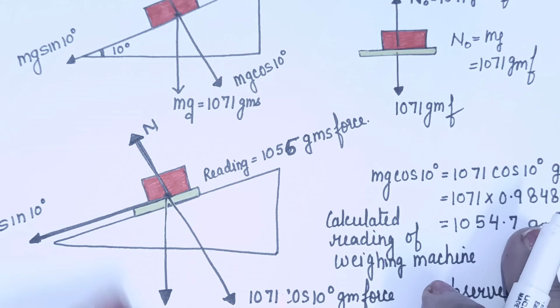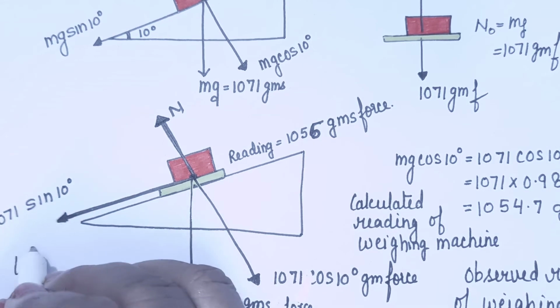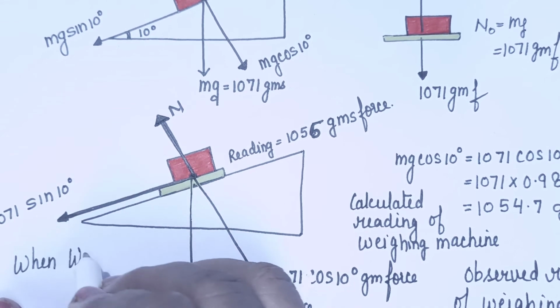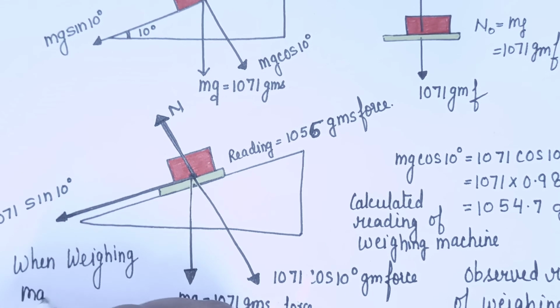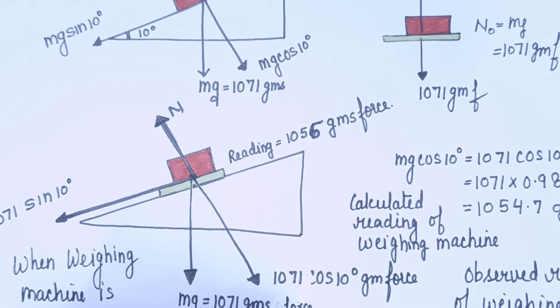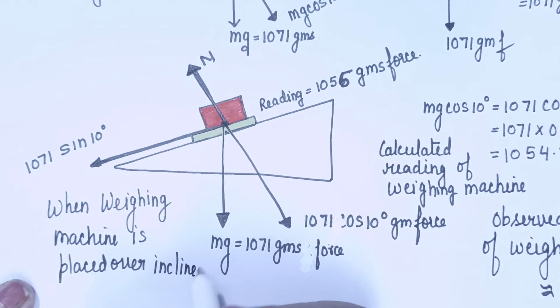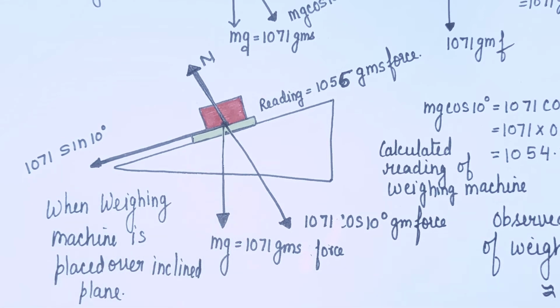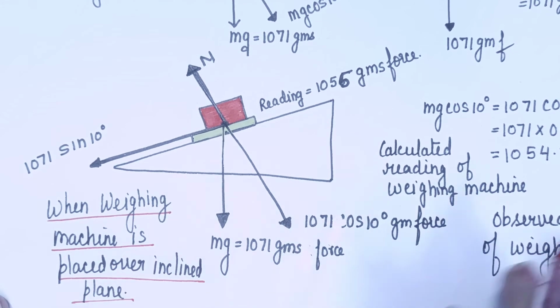And when the weighing machine is placed over the inclined plane. Right? So you have to draw all the three diagrams in your practical copy to show the whole analysis.